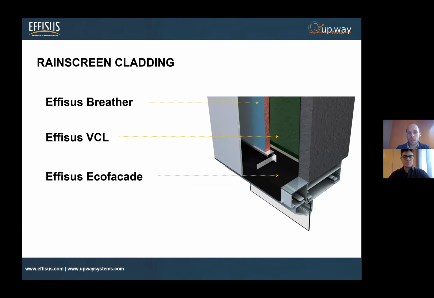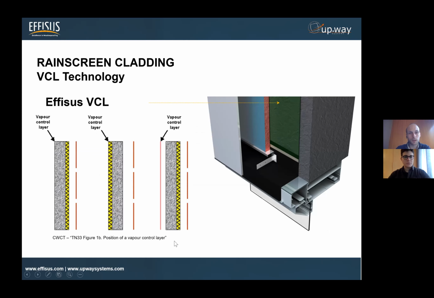So here we have just a scheme of what we've been talking about, and today we'll be focusing more on the VCL. This is the internal layer, normally in this cold climate. I have here a shot from CWCT showing that a vapor control layer can be applied in different places or positions within the facade.